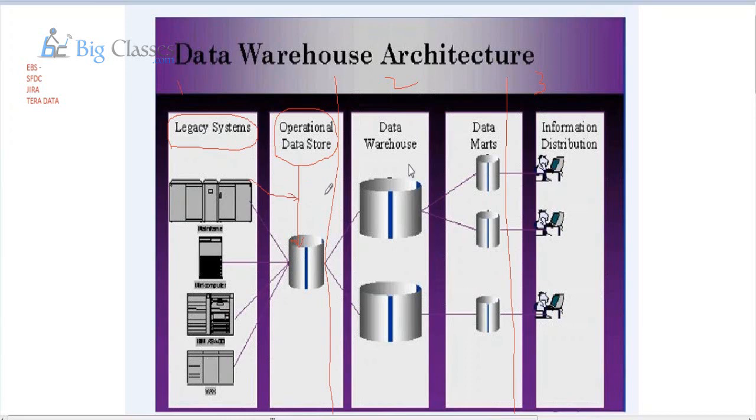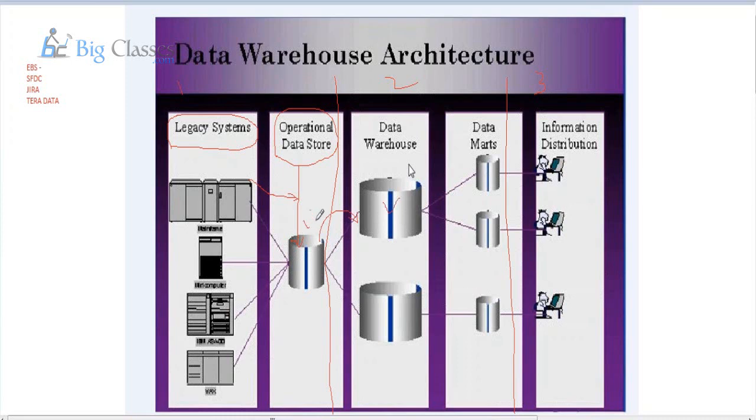When it comes to here, we will capture the operational data, transactional data, and convert it by using an ETL tool. So we will extract the data, transform the data, and load the data into this warehouse.